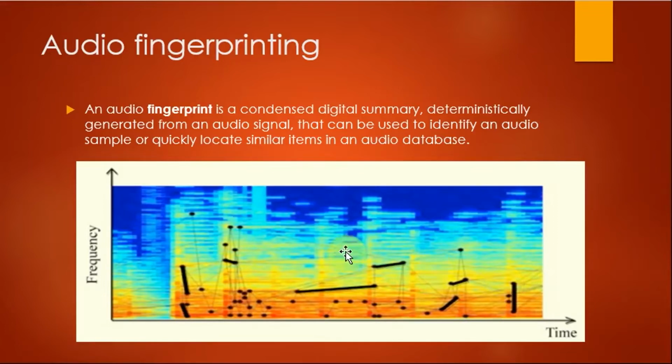So audio fingerprinting is the most realistic and flexible for most applications. Like I said, the black dots are the audio fingerprints in this intuitive picture representation of it. And the workflow of audio fingerprinting is something like this.